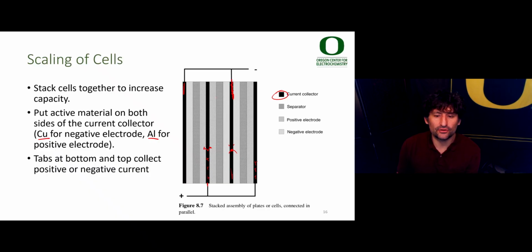The positive electrode is aluminum, negative electrode is copper, so you can't use the aluminum electrode also as a negative electrode. You have to use it as the positive electrode, because if it's used as a negative electrode, it will get intercalated with lithium, for example. So typically these are tabbed. Each one is tabbed, and they're not done in a bipolar geometry like fuel cells.